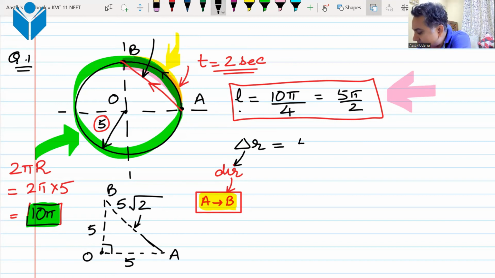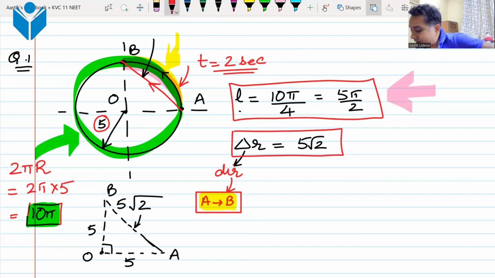That will be the value of the magnitude of displacement, 5 root 2. Am I clear with this? You understand this?